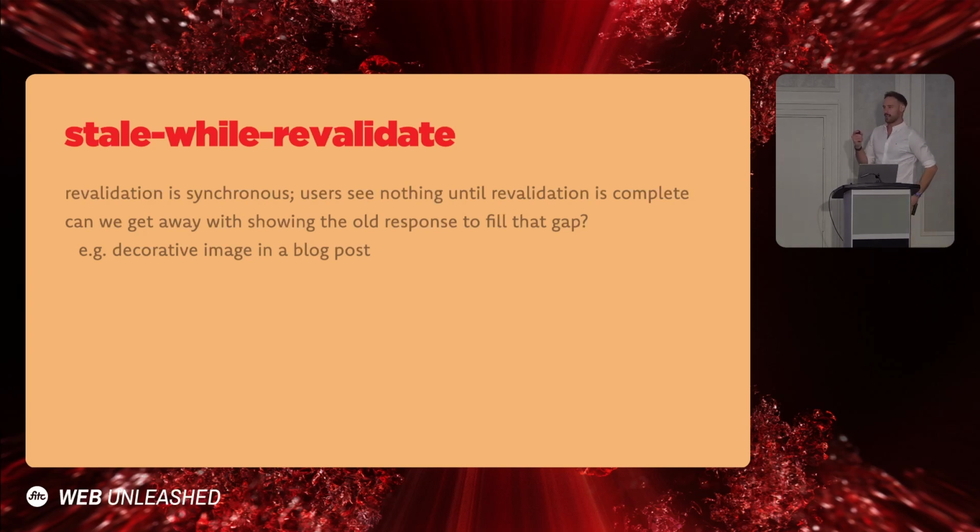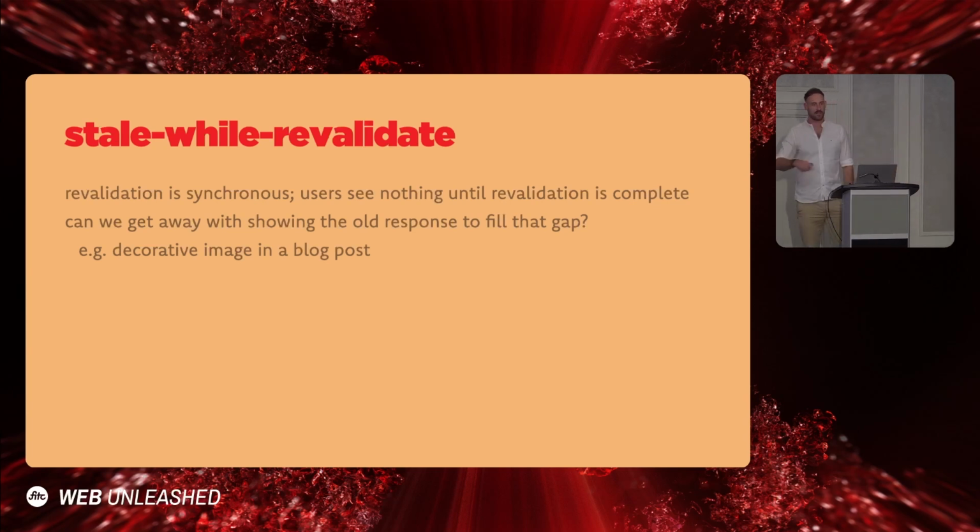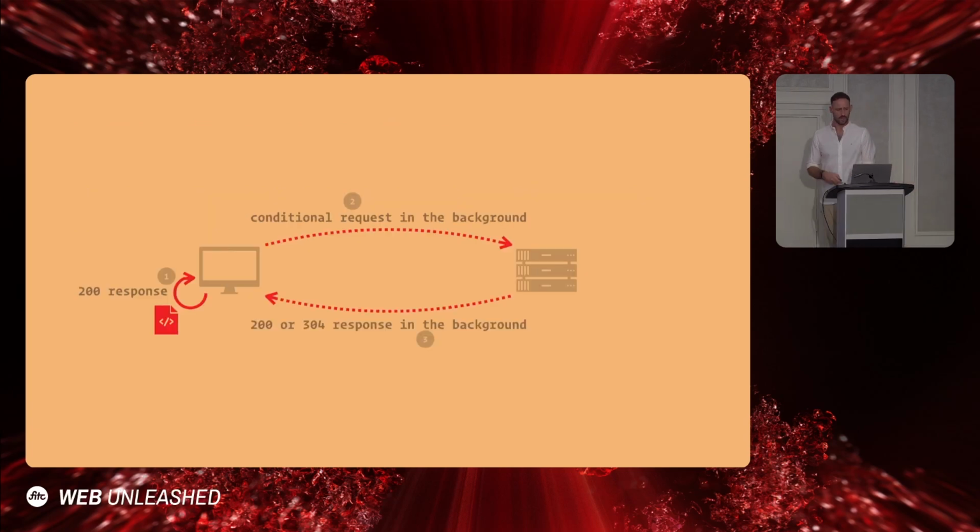Matt did a really good example with stale while revalidate this morning, where he used it to get around slow API responses, where you can use a couple-of-seconds-old API response, and during that couple of seconds of staleness, fetch the fresh response in the background. Really powerful, simple directive. So that looks like this. Step 1, release a file from cache, even if it's stale, 200 response; in the background, conditional request, and the appropriate response.